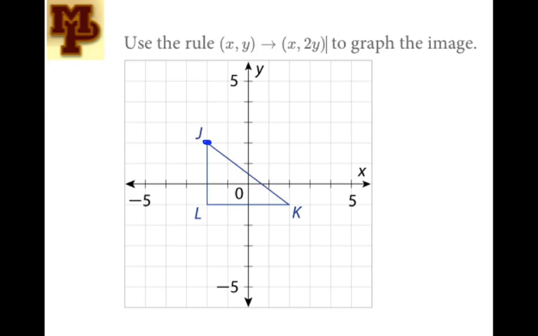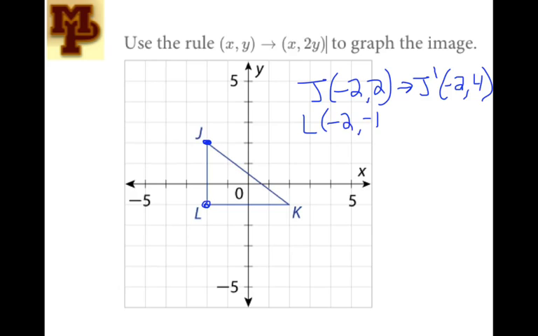So we've got j right now is negative 2, 2, and it's going to become j prime, and it's going to be negative 2, comma, and the y value is going to be twice whatever the y is, so it'll just be 4. And then we'll have L, which right now is negative 2, negative 1.